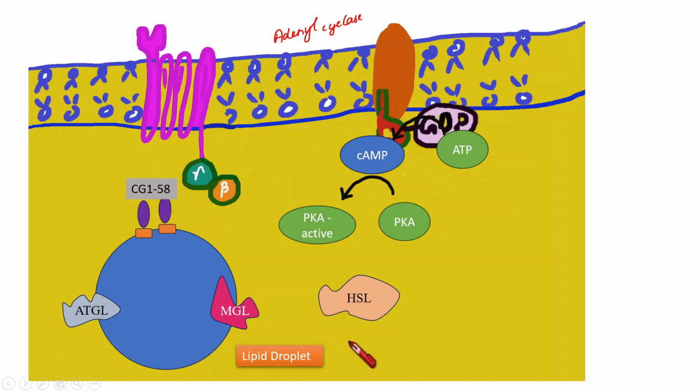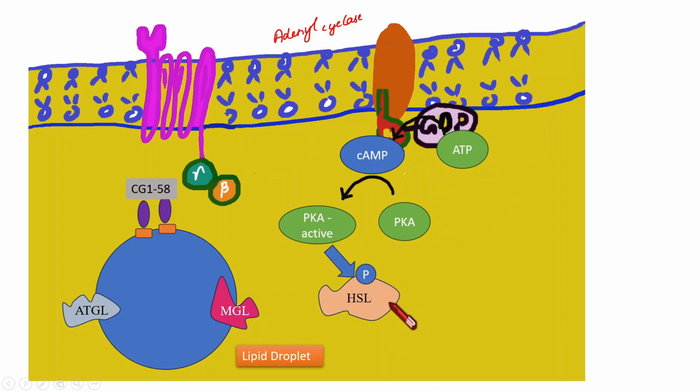For bringing about that lipolytic pathway, first we need to activate this HSL. And who is activating this HSL? This activated protein kinase A, by adding a phosphate group.